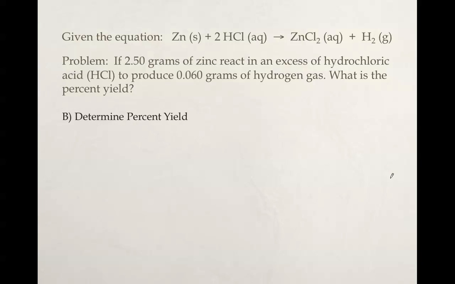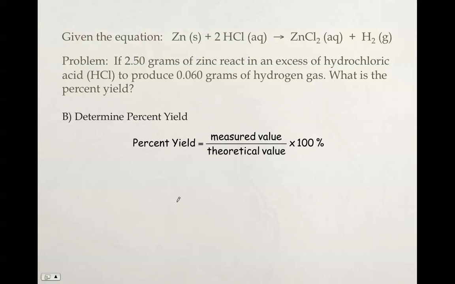So determining our percent yield, we have our formula. Our measured value is the 0.060 grams, and our theoretical value, which we just calculated, is 0.077 grams, times 100%. When we calculate that, we get a 78% yield. Oops, sorry, putting that in the wrong place.